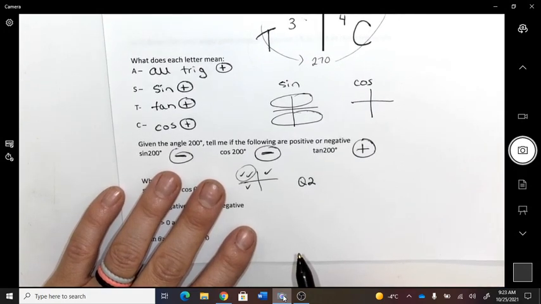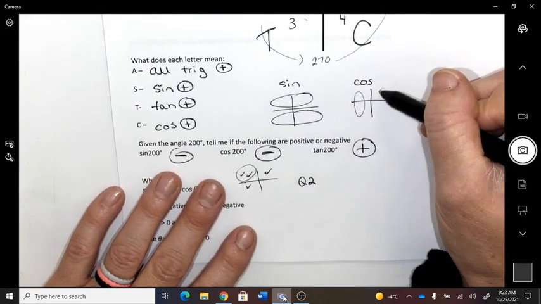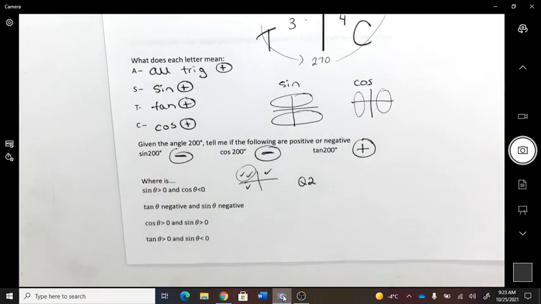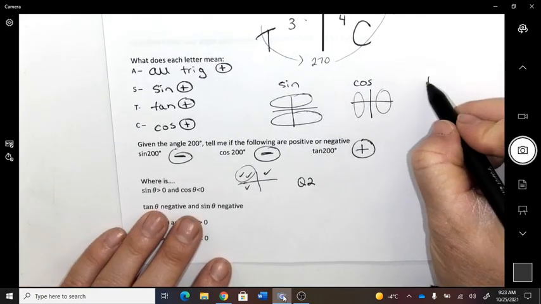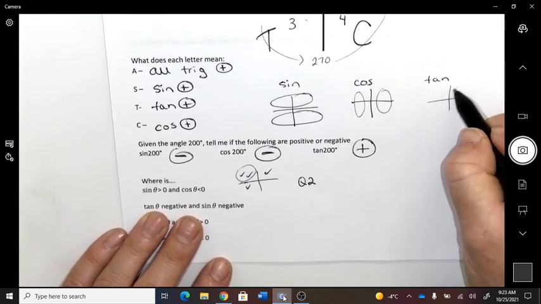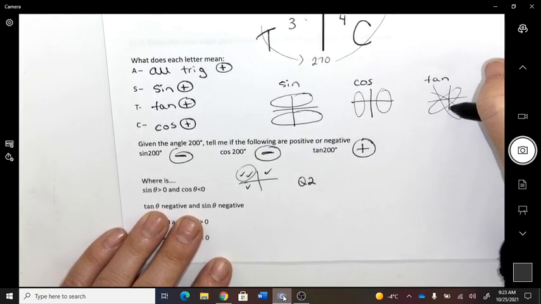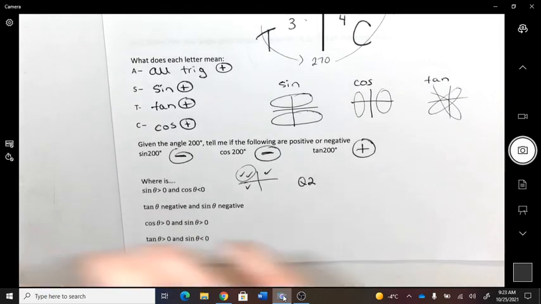Cosine is left and right. We're going to learn more about this. And tan is diagonals. So when you think positives and negatives, that's a faster way to look if you want a little bit of a tip.